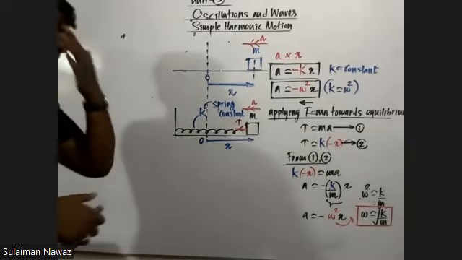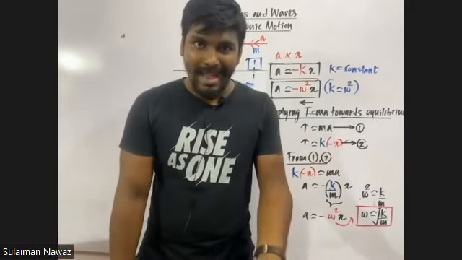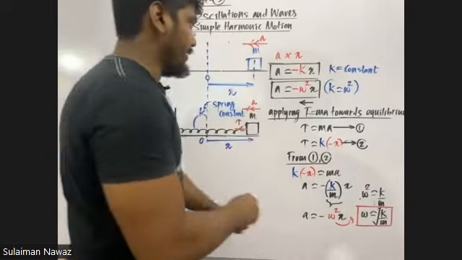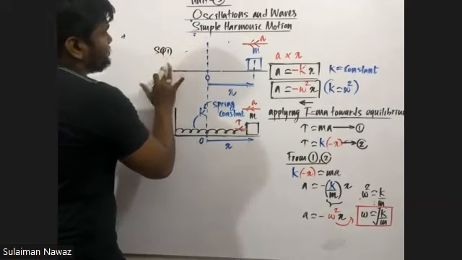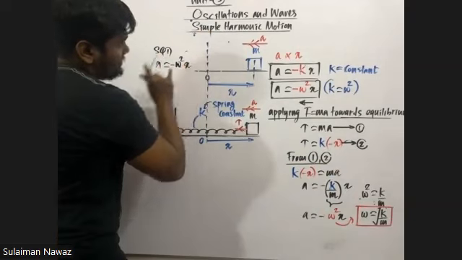Because we know that if that object is moving in a simple harmonic motion, it follows the characteristic equation A equals minus omega squared x. So SQ1, A equals minus omega squared x.